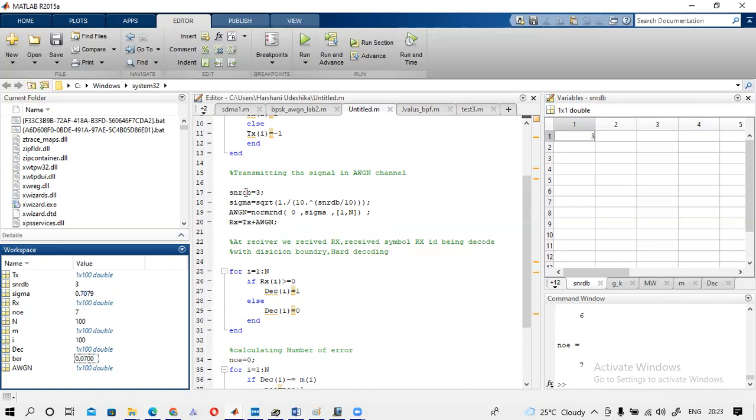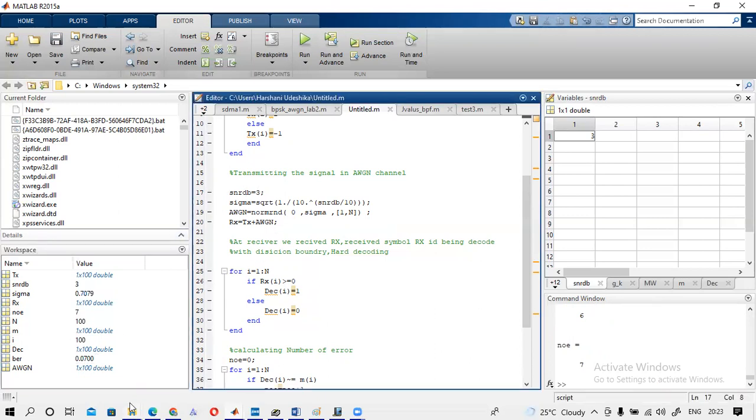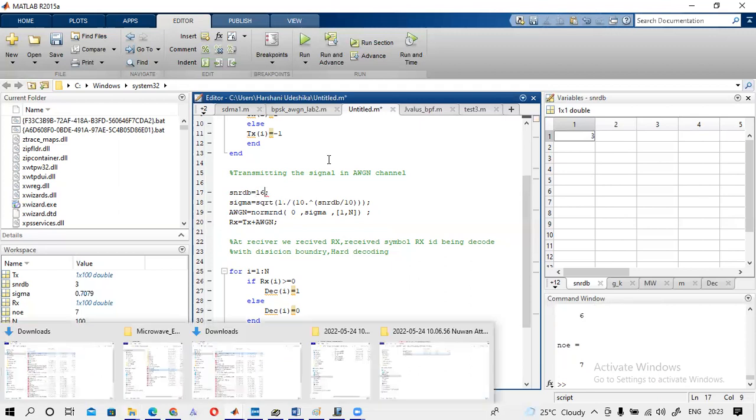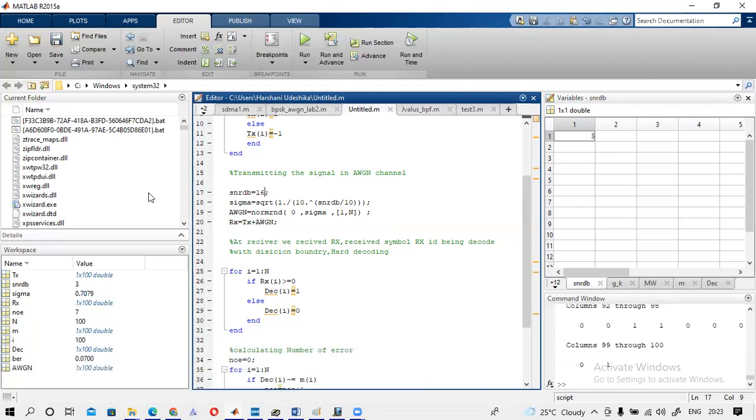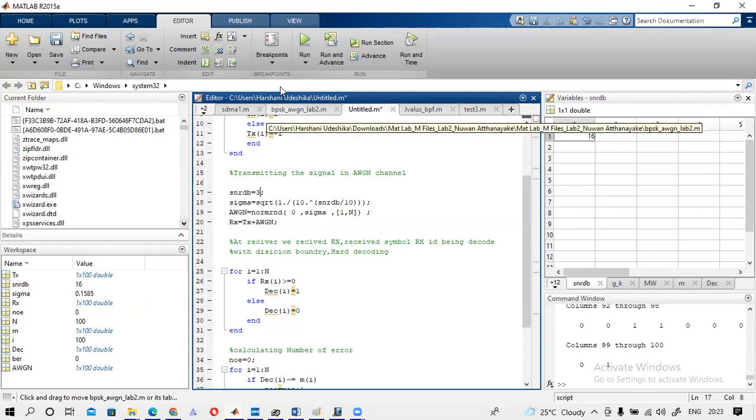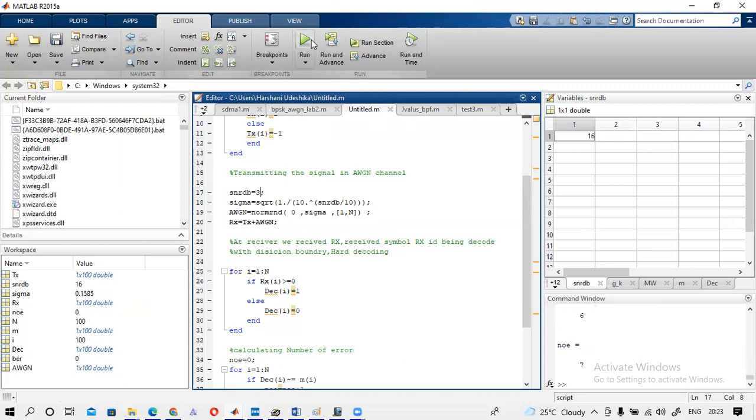If I put very low SNRDB versus a very high SNRDB, for example 16, there is no error. If I put 3 or something, that means very low SNR, so you can see some bit error rate is there. I think you got the things now.